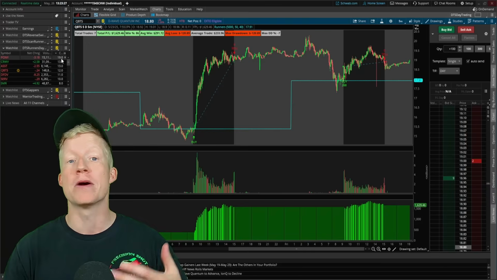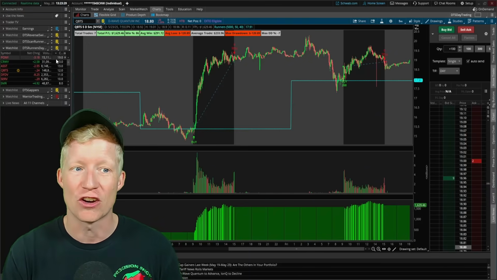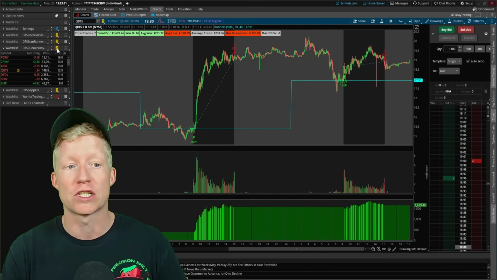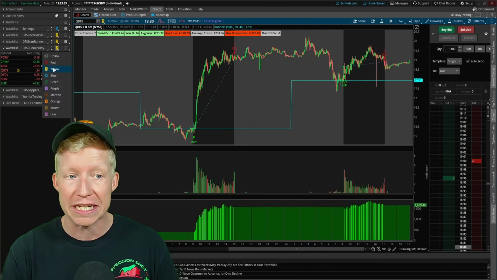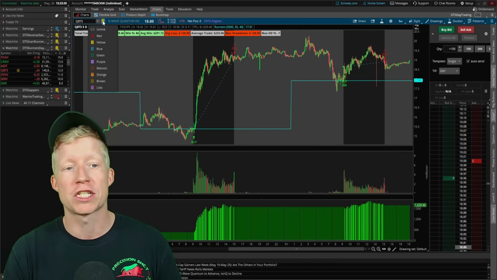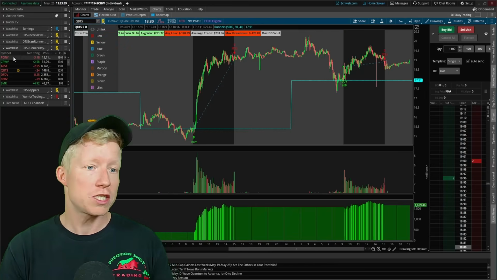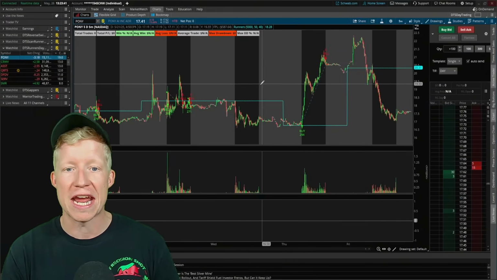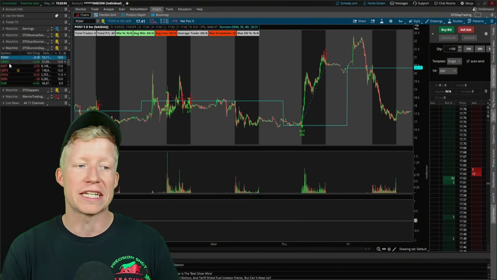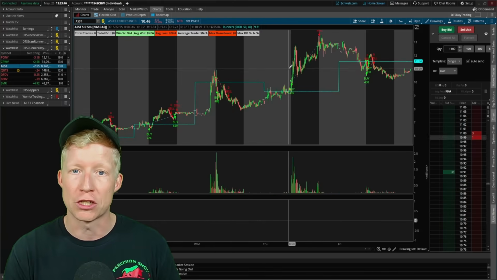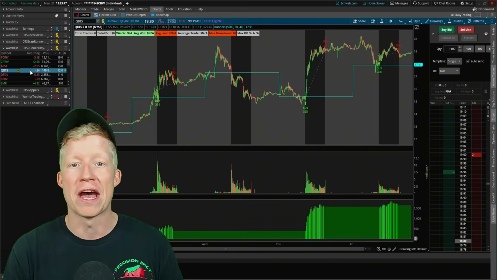Also, and this will be a theme throughout the rest of the workspaces we cover in today's video, I have this watch list set up and linked to yellow, and I also have the chart set up and linked to yellow. So I can easily click through the names that are on this scanner to get an idea of if I should be entering a trade on them today.